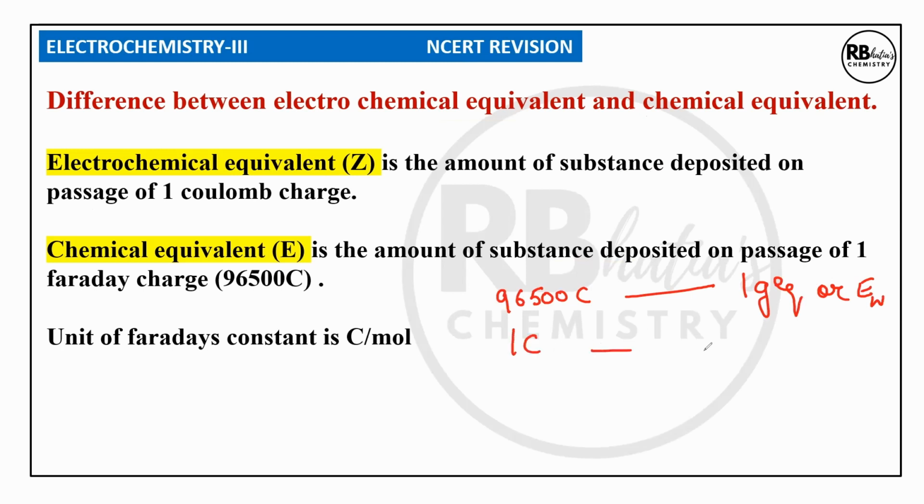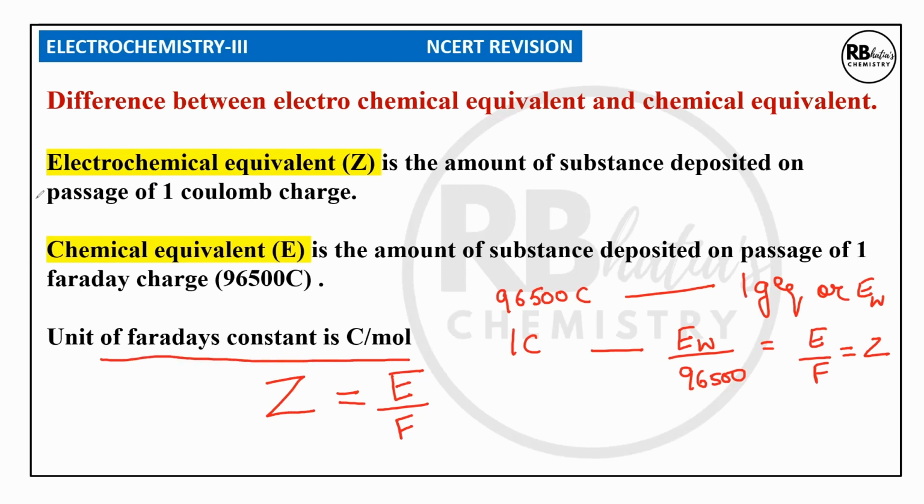So 1 Coulomb is going to deposit a quantity equal to the equivalent weight upon 96500, and this is E upon F, and we call this quantity E upon F to be equal to Z. So the electrochemical equivalent Z is equal to chemical equivalent E upon Faraday. The unit of Faraday's constant is Coulomb per mole. These are important definitions: electrochemical equivalent by 1 Coulomb charge, and chemical equivalent deposited by 1 Faraday charge.